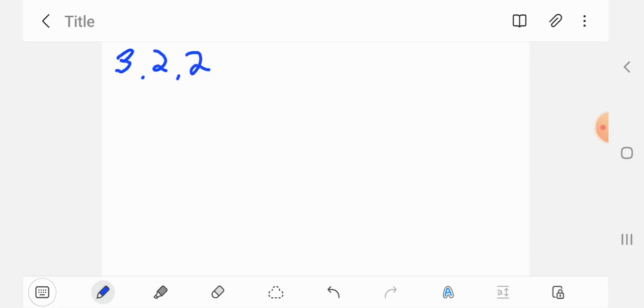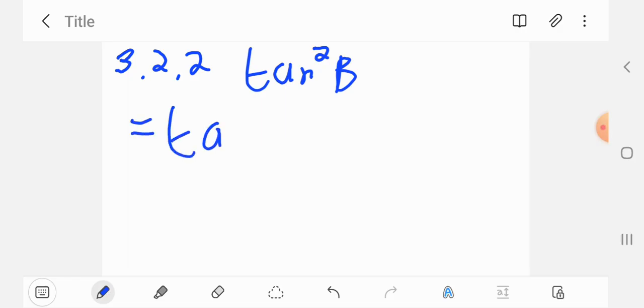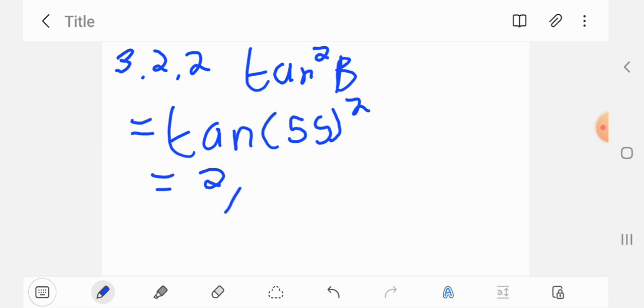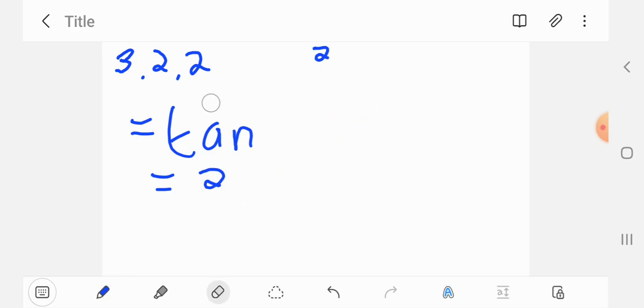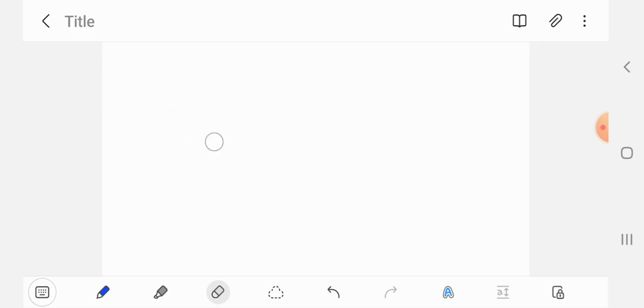3.2.2, we have tan squared B, so that will be equal to tan 55 squared. You punch this into your calculator and then you get 2.04. We're told to round off to 2 decimal places. I hope you get it. So let's erase it to go to the next one.